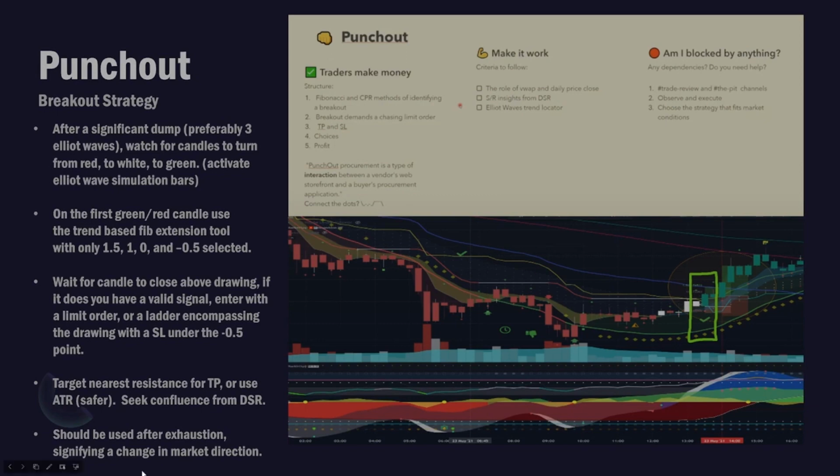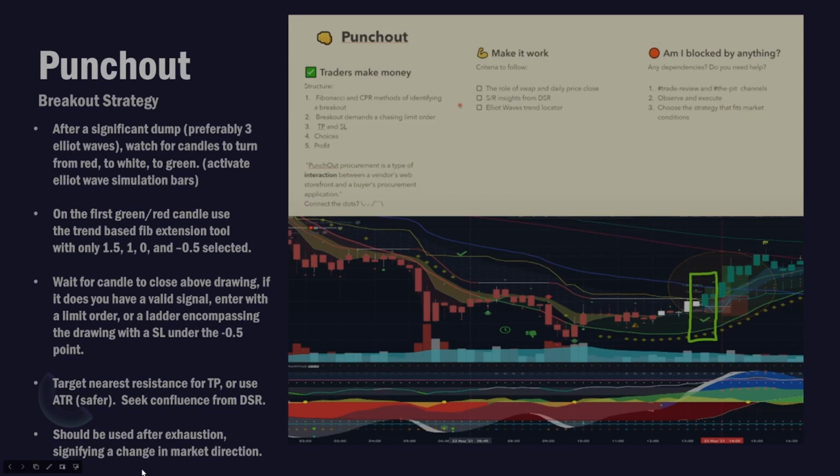So you target the nearest resistance where you take profit, or use HER, which is my preference, and you seek confluence from DSR. The best trades are always going to work out when you're taking a look at our third opinion, dynamic support and resistance, and seeing if there's any confluence levels or things that you notice.